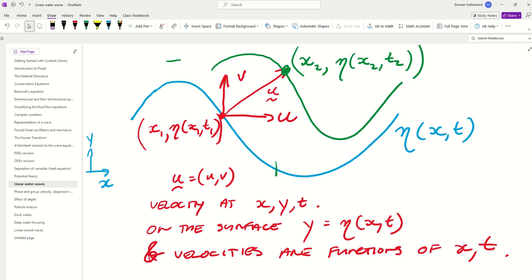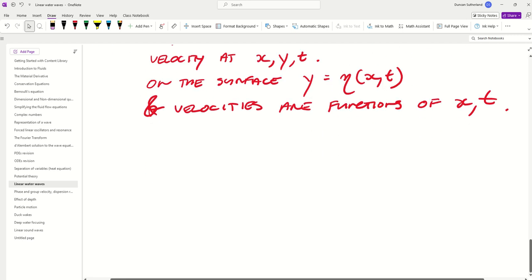We're going to assume that the change between time 1 and time 2 is very small, and you can sort of see that you're going to get a delta t type thing, so you're going to get gradients, and then we're going to take limits to get those gradients into derivatives.